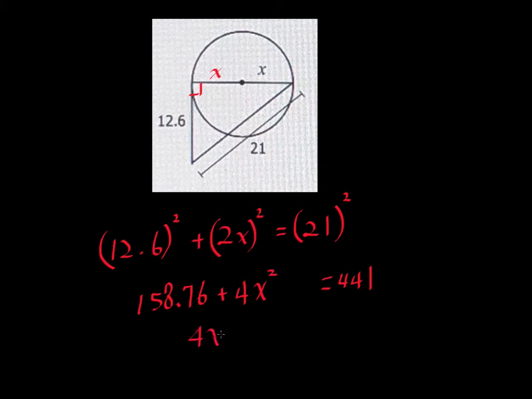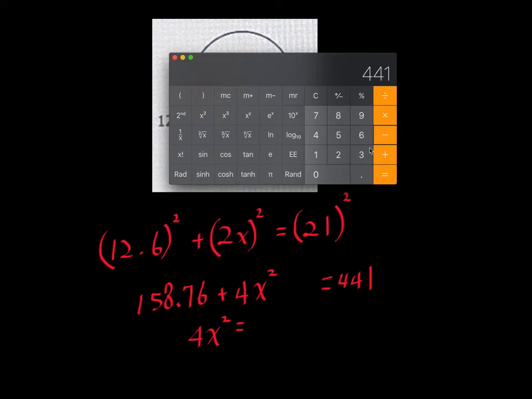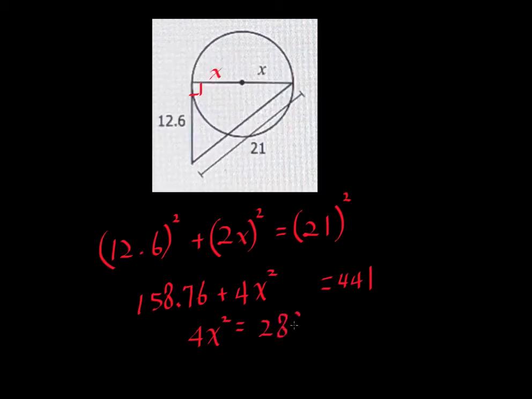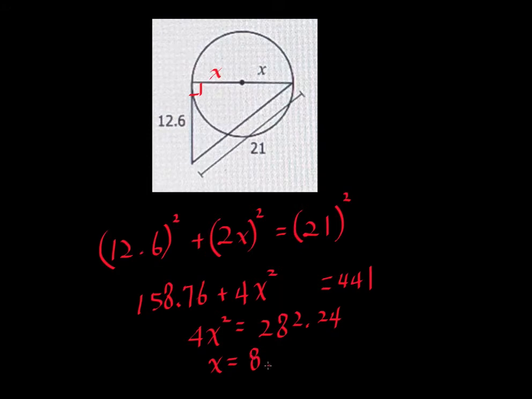So we have 4x squared is now equal to 441 minus 158.76, which is 282.24, and then I'm just going to solve for x. 282.24 divided by 4, and then we square root that. It's 8.4. So x is 8.4.